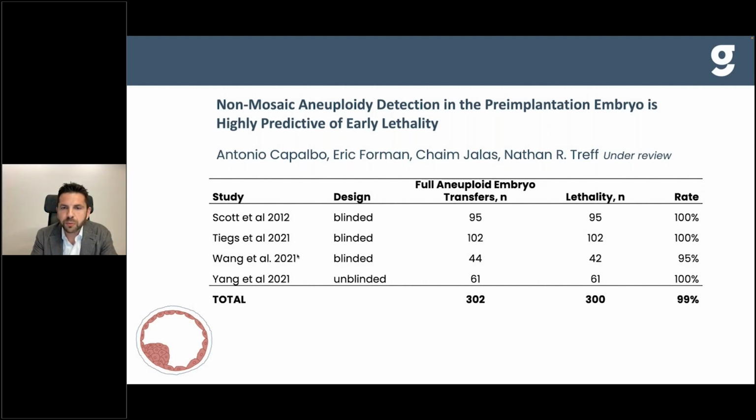So today, I think we have enough evidence to support that deselecting uniformly aneuploid embryos in PGT-A is a very accurate diagnosis, and is no doubt avoiding negative outcomes for patients.